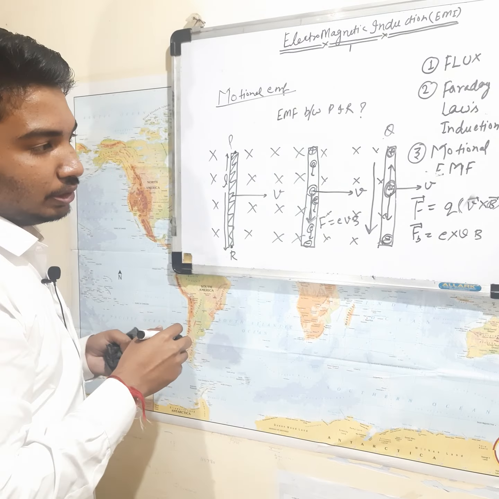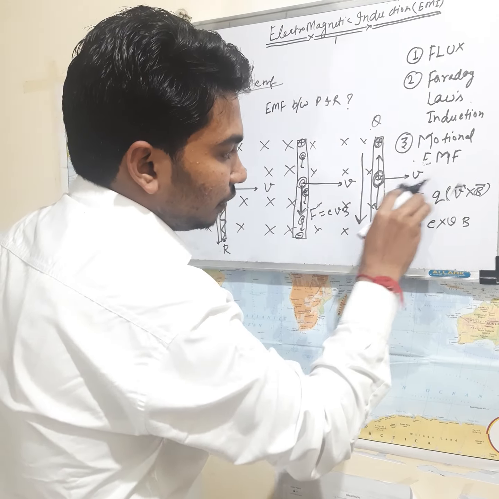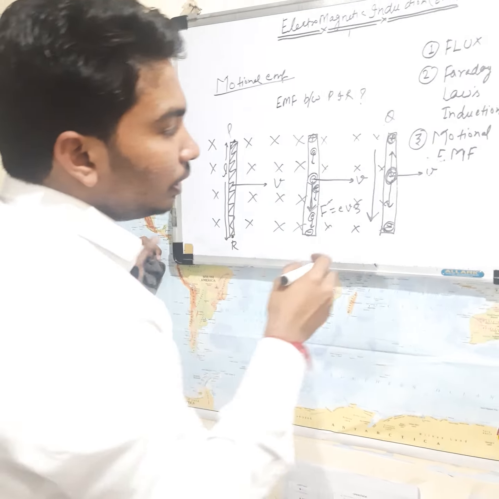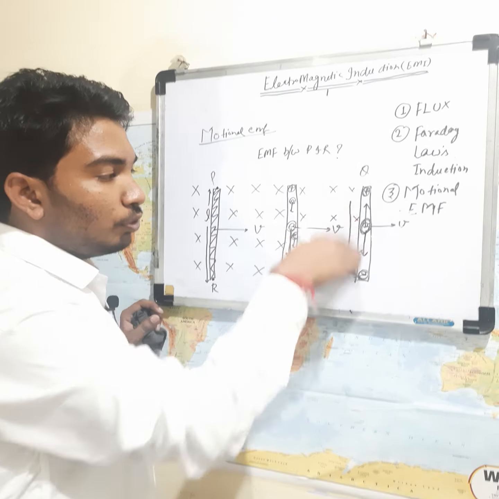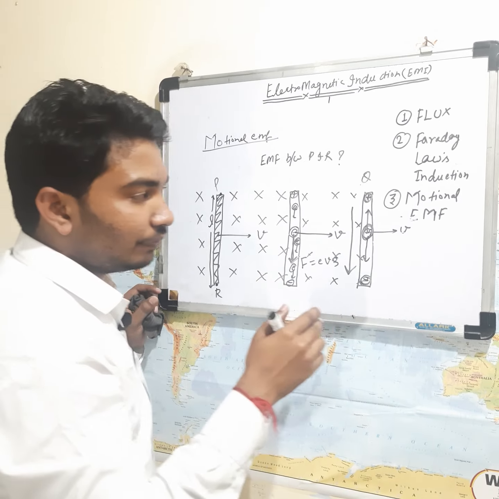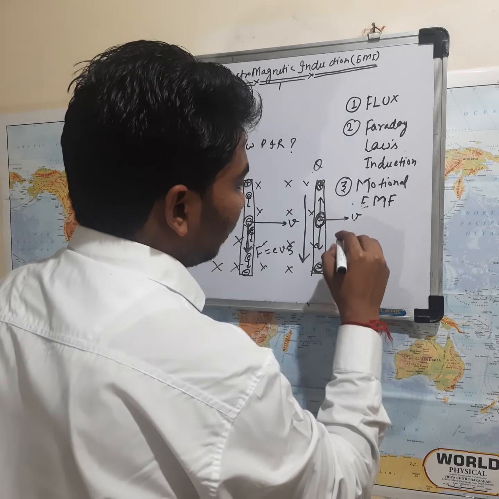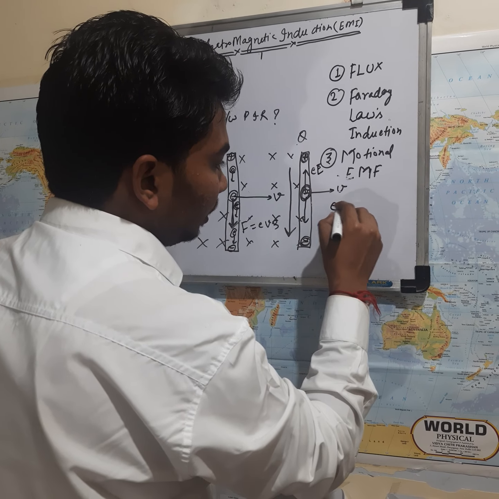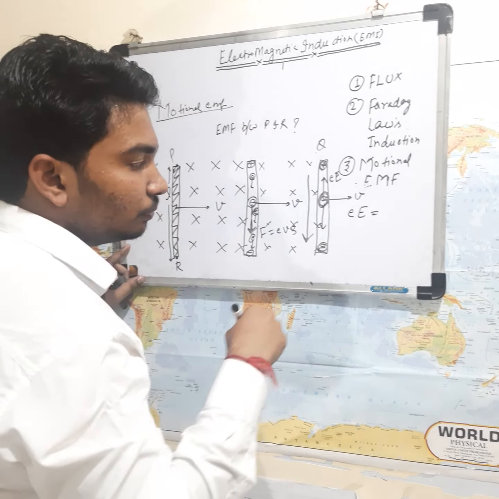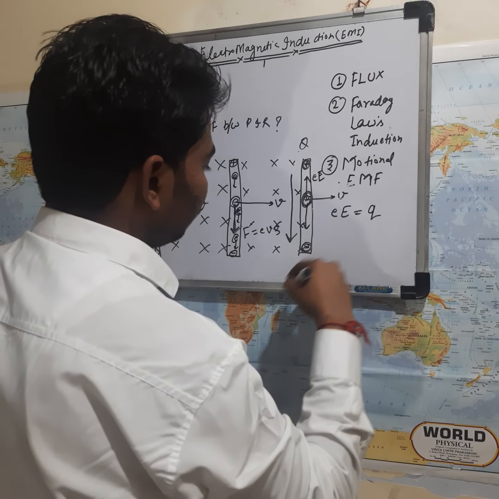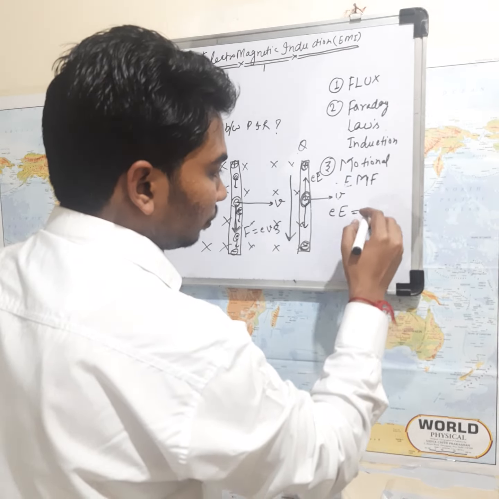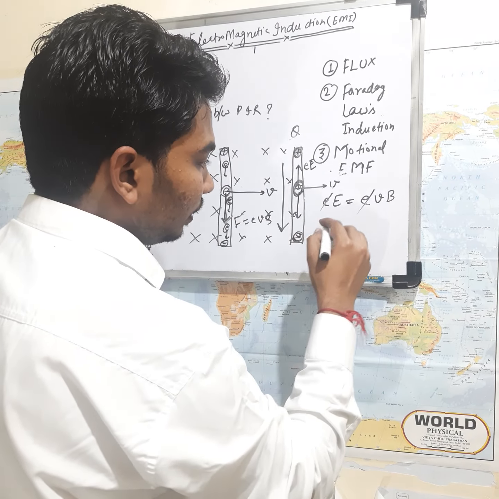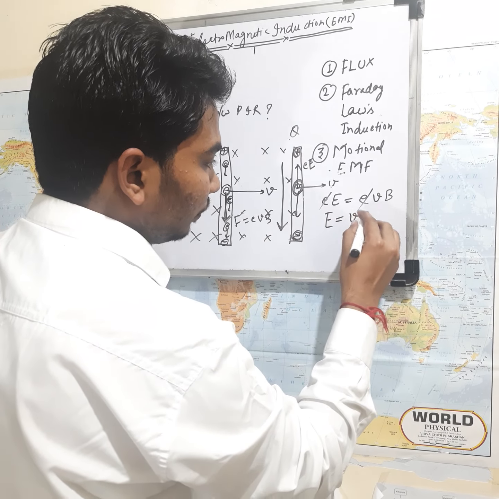In the steady state, both forces balance each other. So E times Q, where Q is the electron charge, equals QVB, and E equals VB.